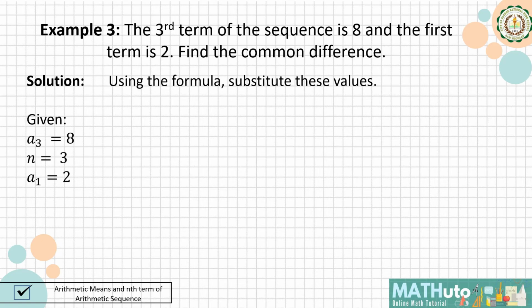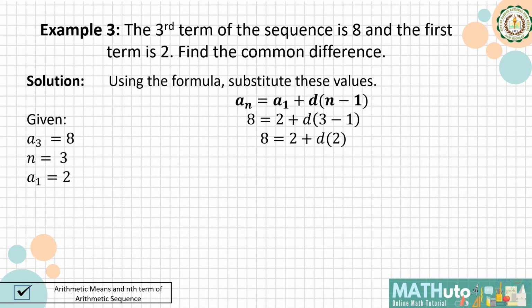Using the formula, we substitute these values. a sub n is equal to 8, a sub 1 is equal to 2, and n is equal to 3. Simplify. This will become 8 is equal to 2 plus d times 2 because 3 minus 1 is 2. Then multiply. We have 8 is equal to 2 plus 2d.